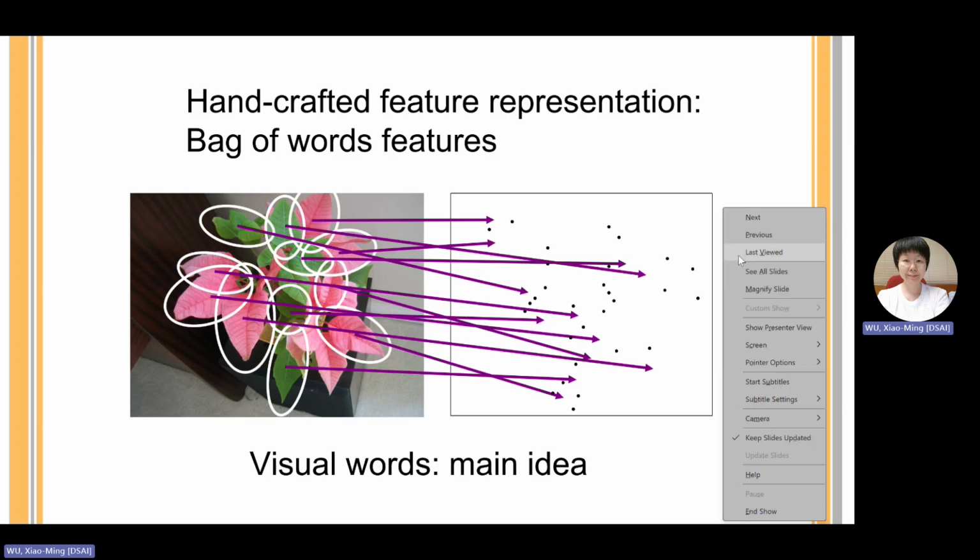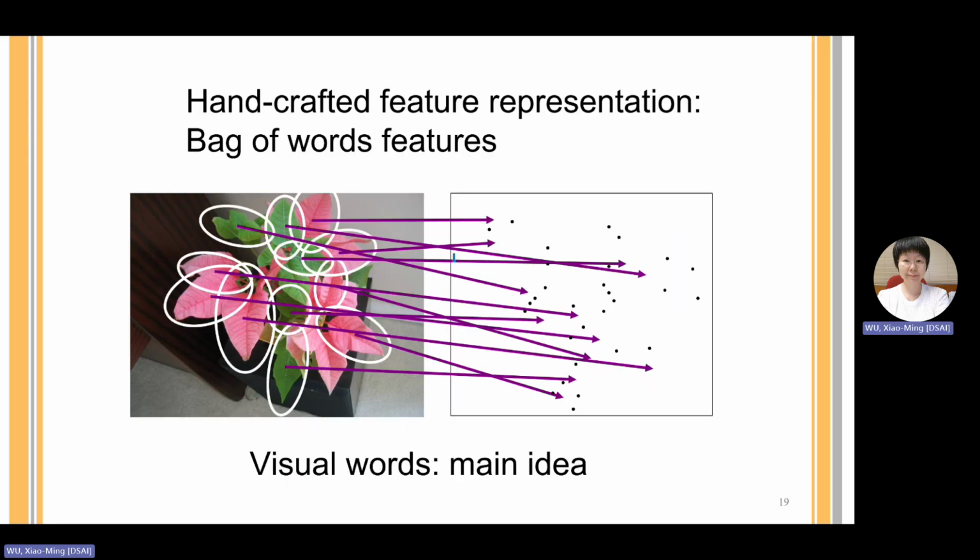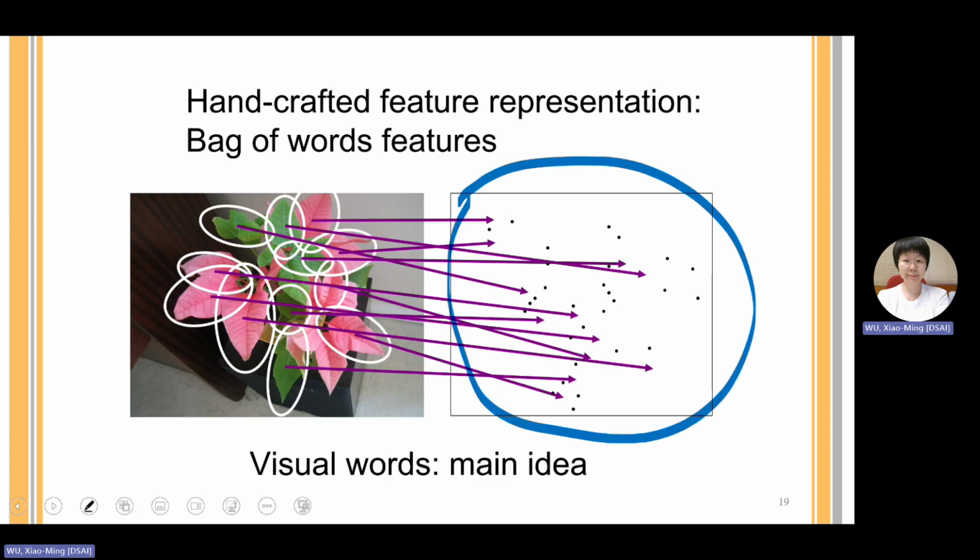There are also other methods like GIST, a few methods similar to SIFT. They run some detection algorithm, like the SIFT detector, and then extract some key points, and each key point is represented using a vector.